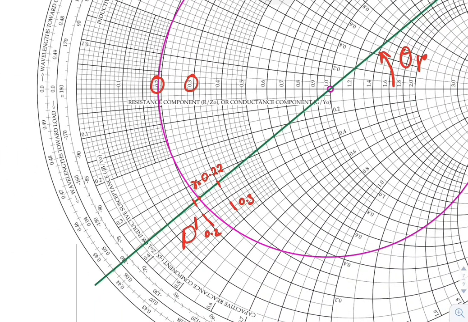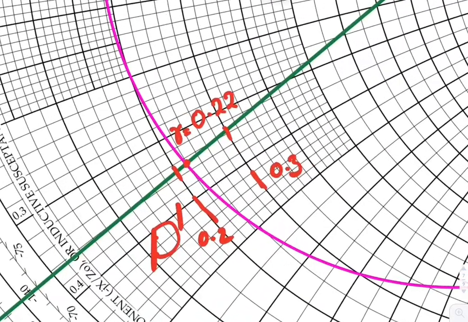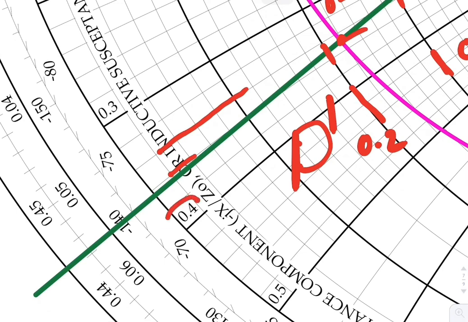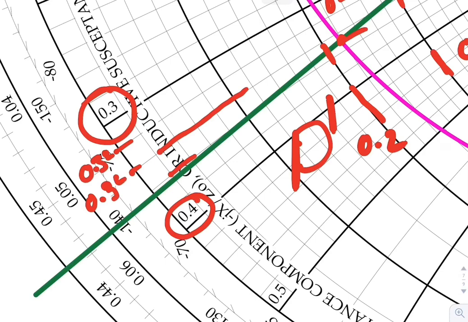Now try to find out the X circle. This point is in between these two lines. So this is 0.4, this is 0.3, this line is 0.32, this is 0.34, this line is 0.36, and the point is in between these 2 lines.